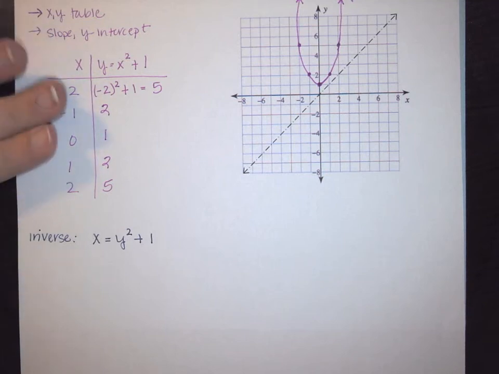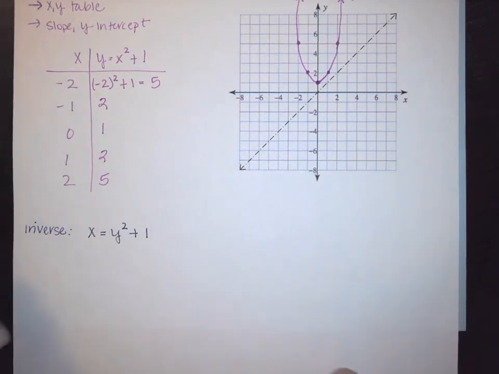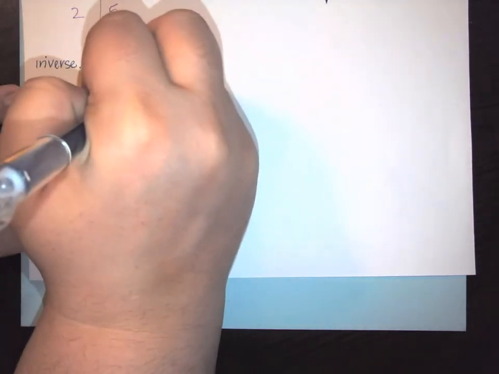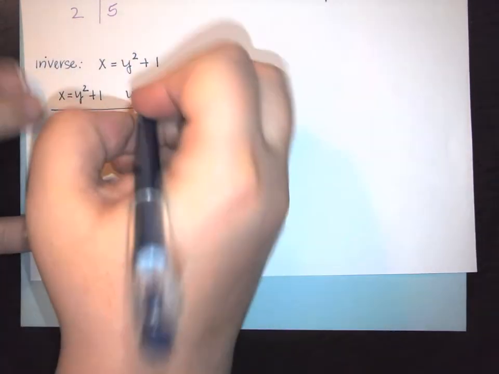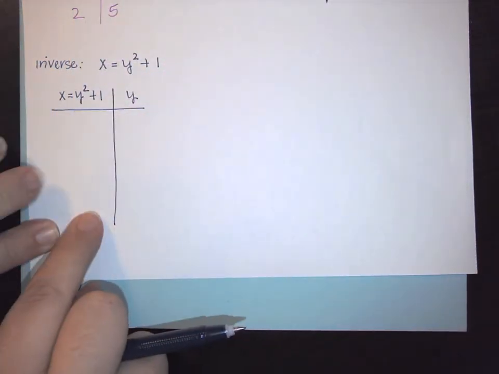Now just like with my top, I'm going to go ahead and create my table. And so here in this case I would have that x equals my y squared plus 1 and y. And so here my inverse, I'm going to do the opposite. I'm going to choose my y values to find my x values.